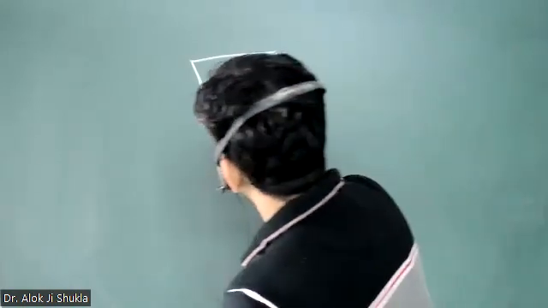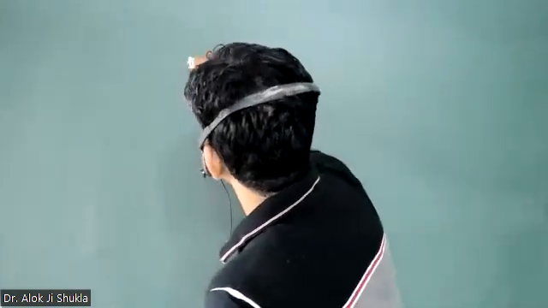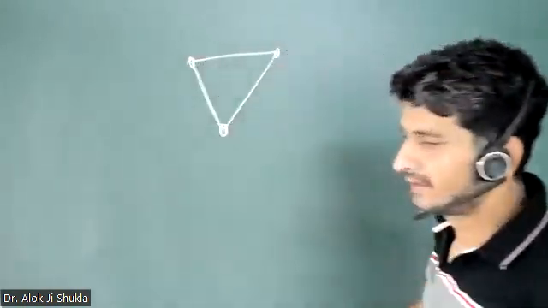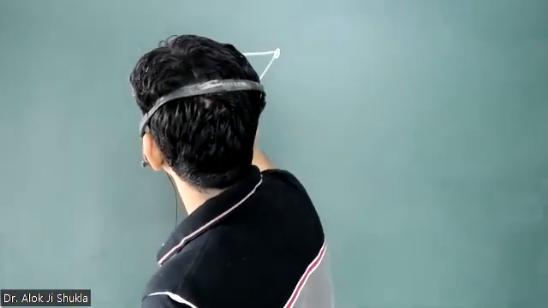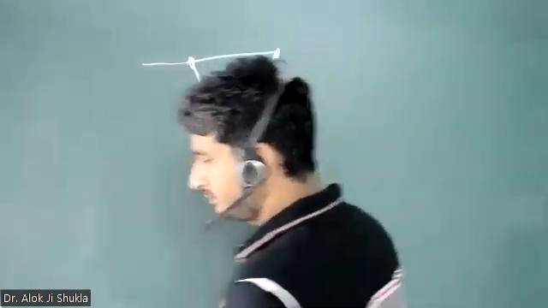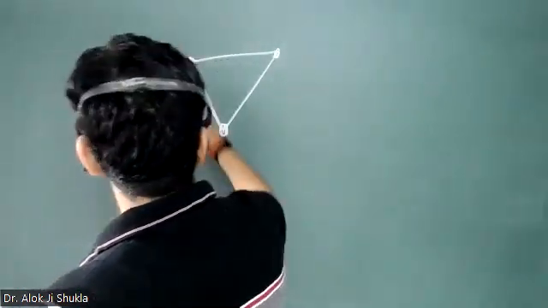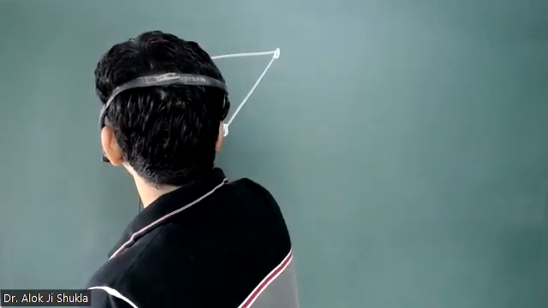From here, it can make many triangles, like it can go like this also, na? You see the web?